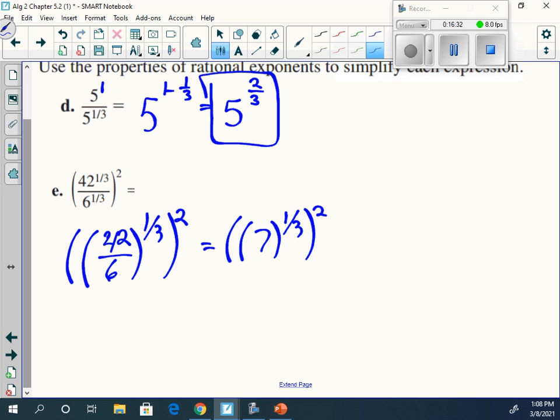Take that division to simplify it to 7. Now, powers of powers multiply. 2 times 1/3 is 2/3. So we have 7 to the 2/3. So it makes it a little bit easier if we can do that.